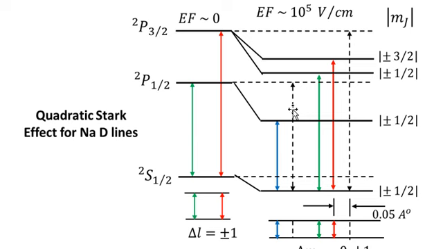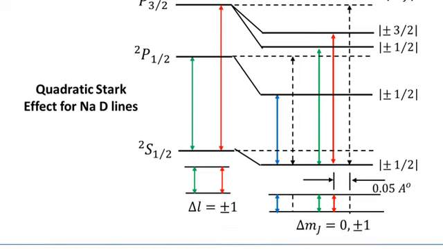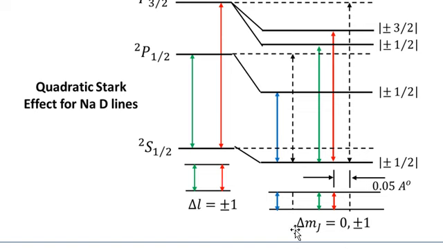These dotted lines provide the reference D1 line and D2 line. Now I have shown three transitions between the levels allowed by Mj, because the allowed transitions follow the selection rule that delta Mj could be equal to 0 and plus or minus 1.